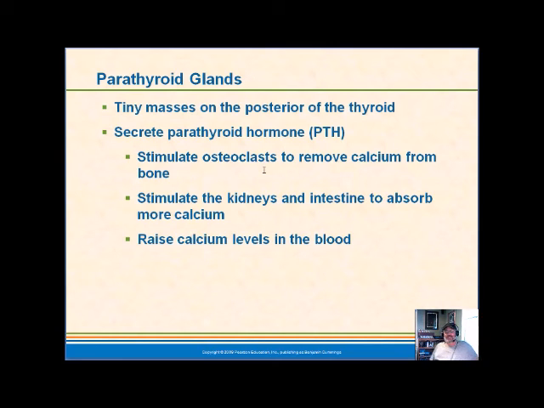We have to maintain a certain level of calcium in our bloodstream for all sorts of things to work. Muscles don't work properly without calcium. Our heart doesn't beat properly without calcium. Our blood doesn't clot properly without calcium.